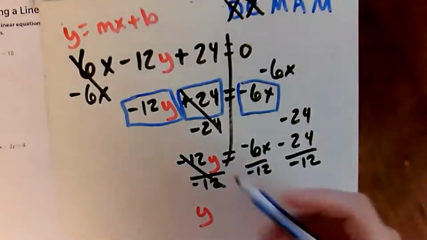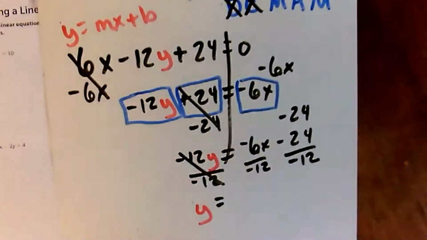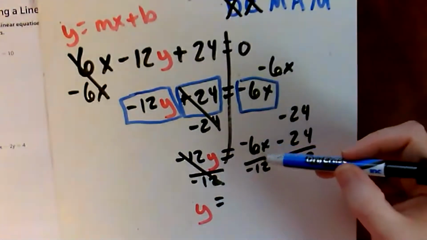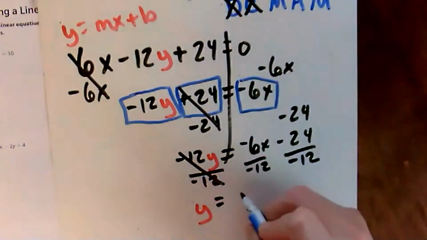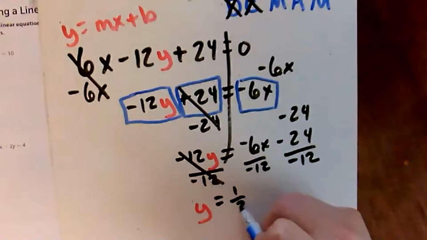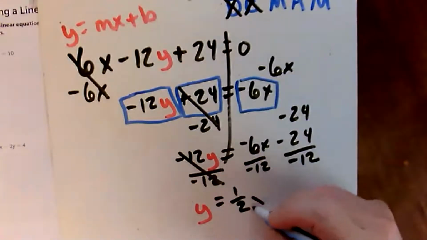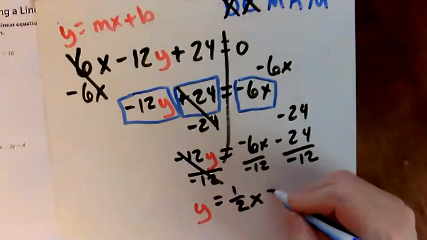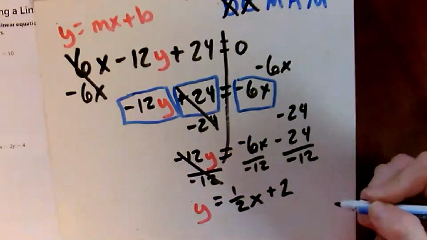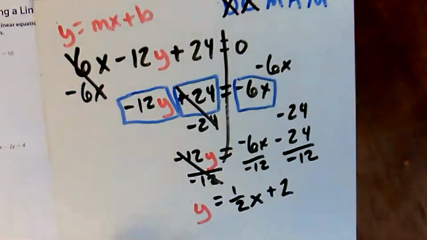Y is suddenly very, very happy because he's all by himself. Negative 6 divided by negative 12 should give me positive 1/2. Negative 24 divided by negative 12 should give me positive 2. Good deal. So it'd just be plus 2? Uh-huh. That makes sense how I got that.